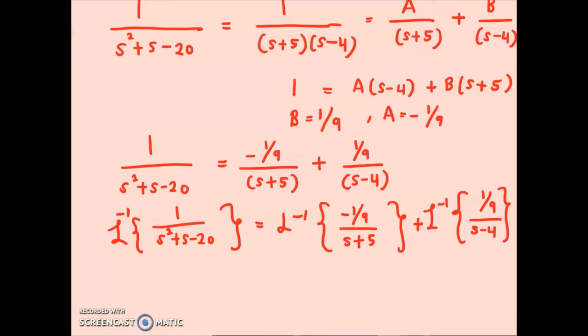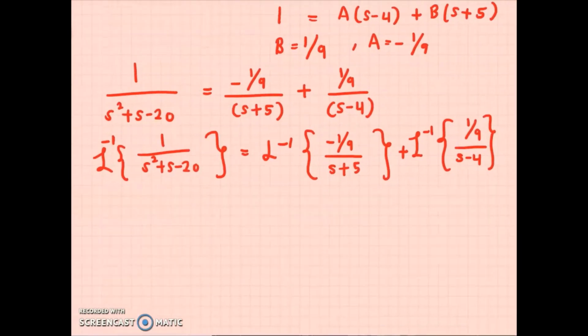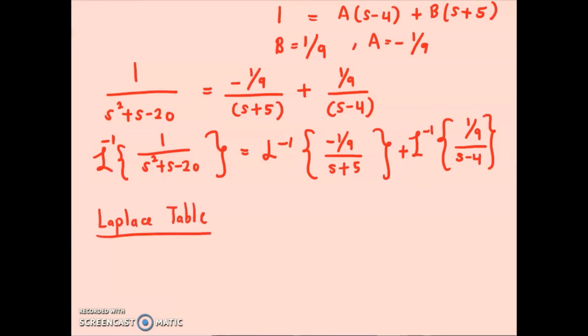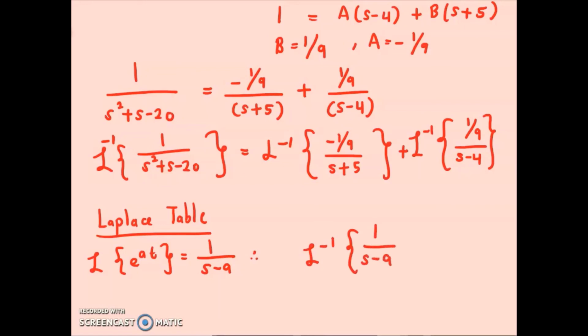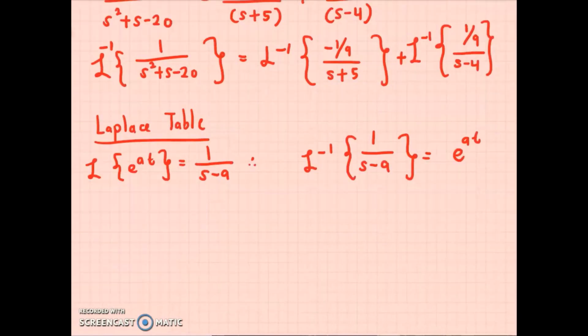From the Laplace table, we know that the Laplace transform of e to the at is given by 1 over s minus a, which means the Laplace inverse of 1 over s minus a is given as e to the at.